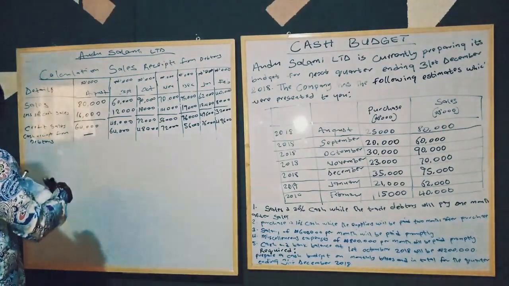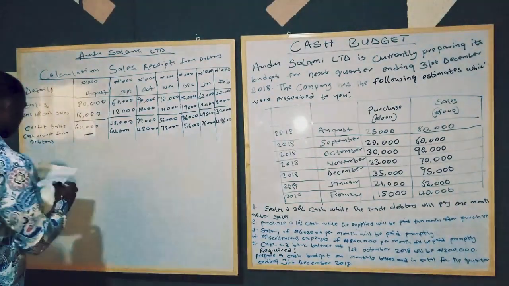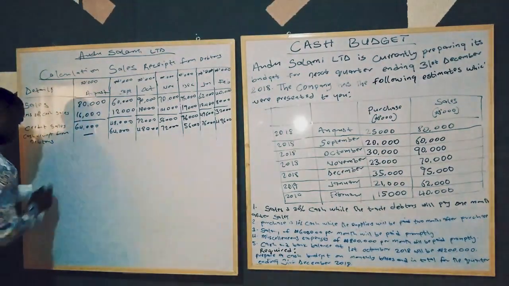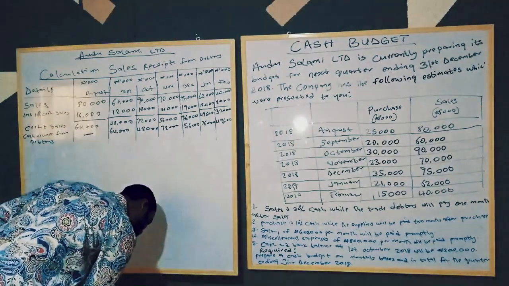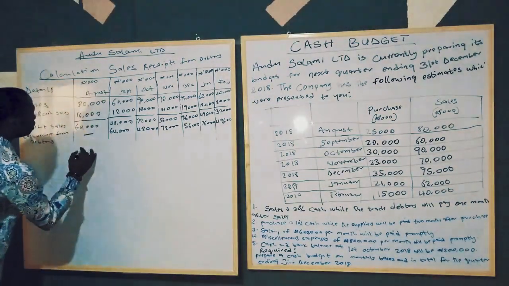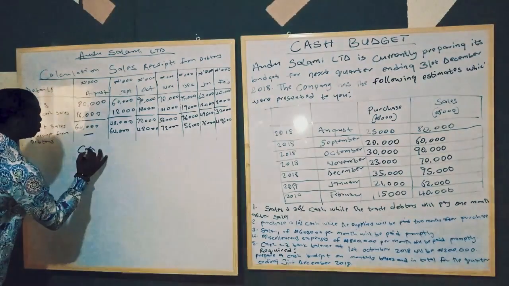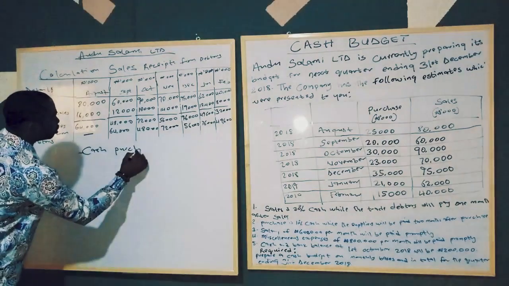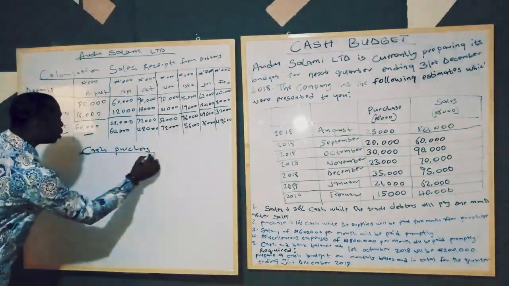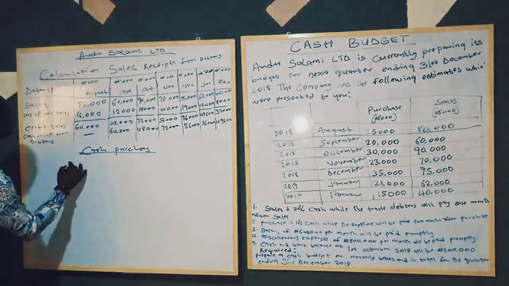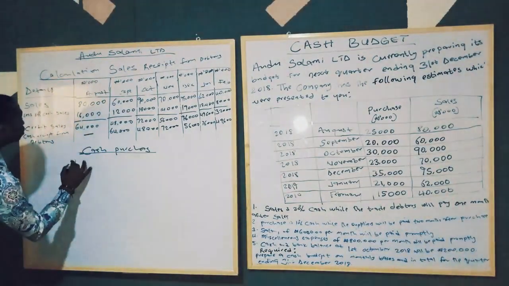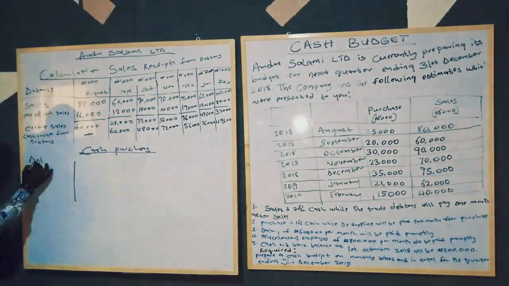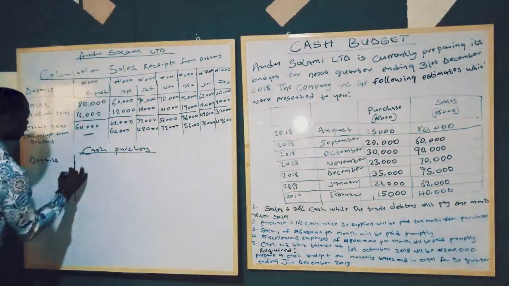Now, the calculation for purchase. We want to calculate for purchase now. We are still going to draw the same line where we have the details here.